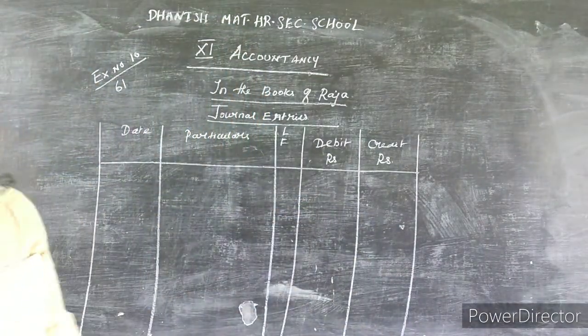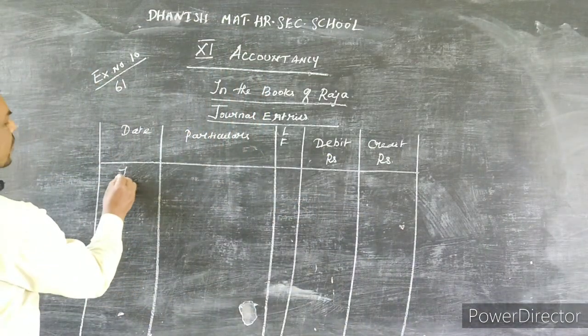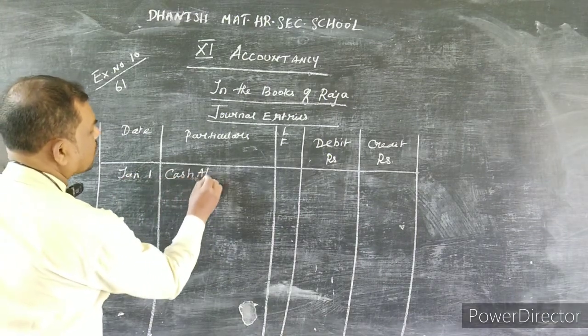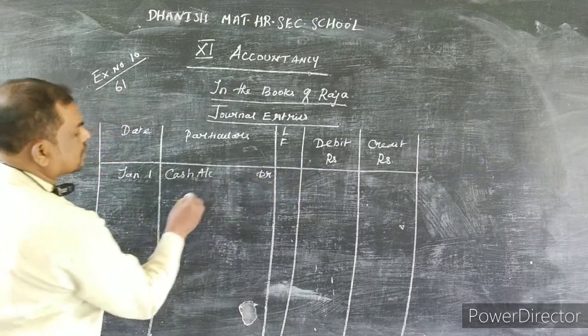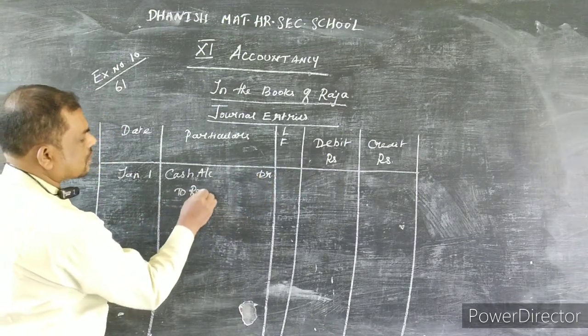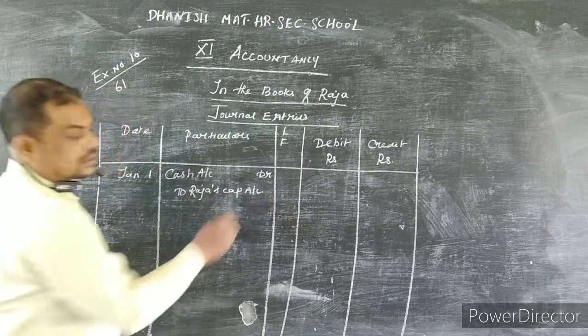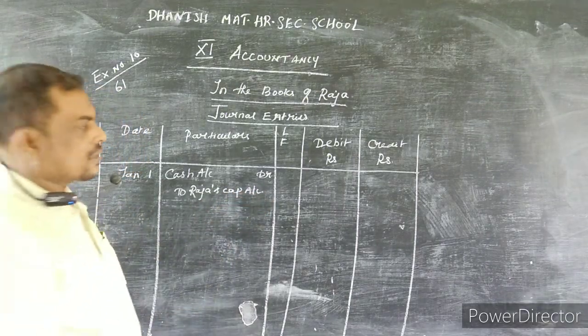So the journal entry is: January 1, Cash account debit to Raja's capital account. The amount is 3 lakhs.